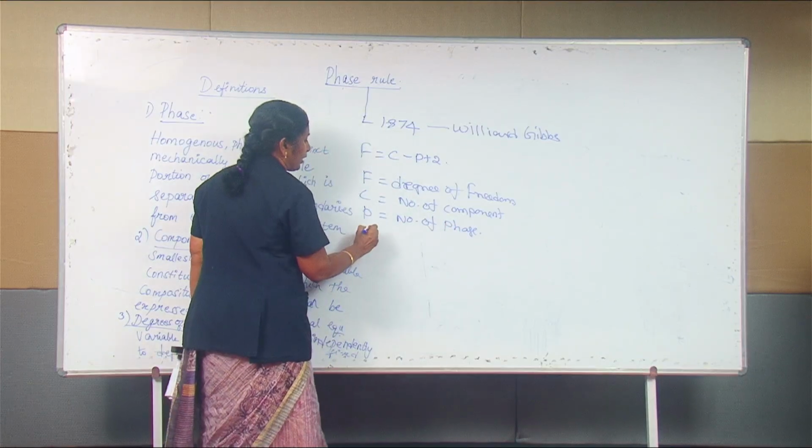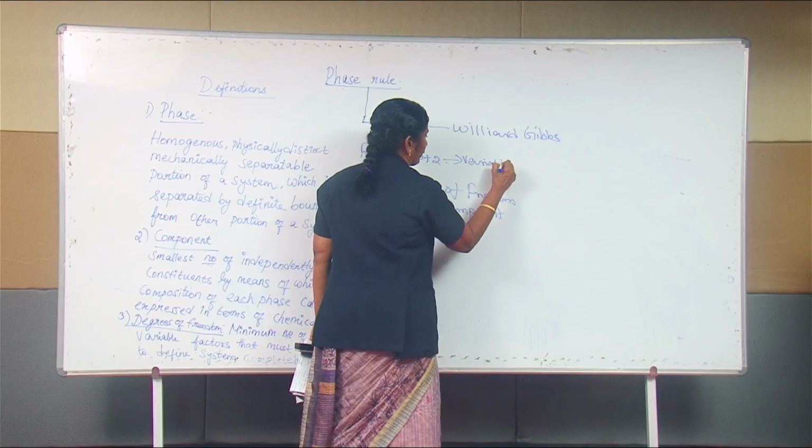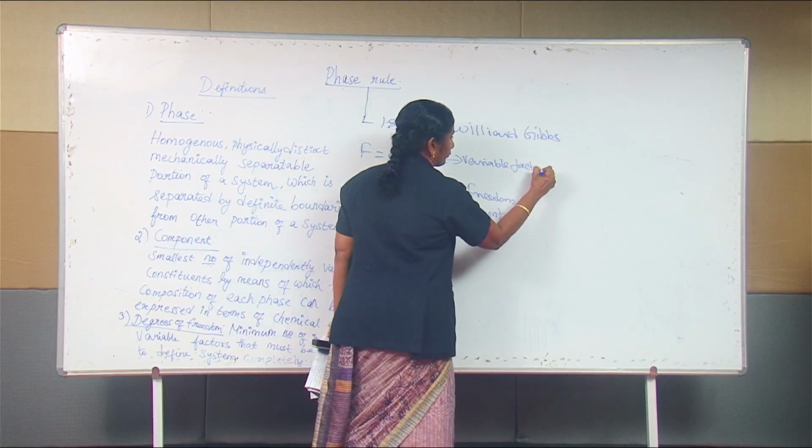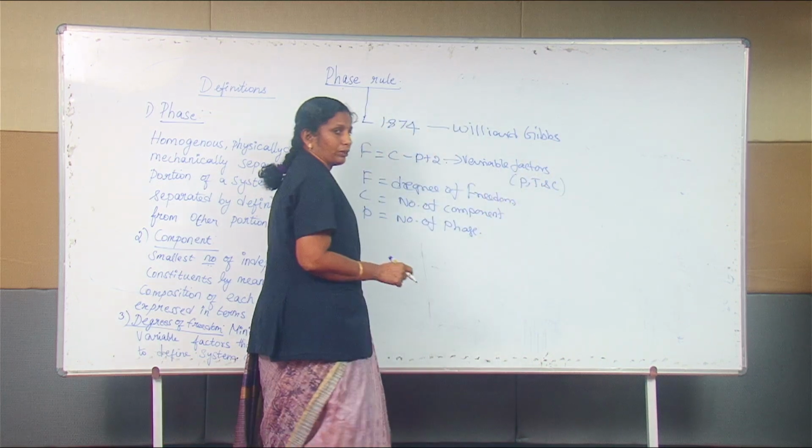And 2 is the variable factors such as pressure, temperature, and concentration.